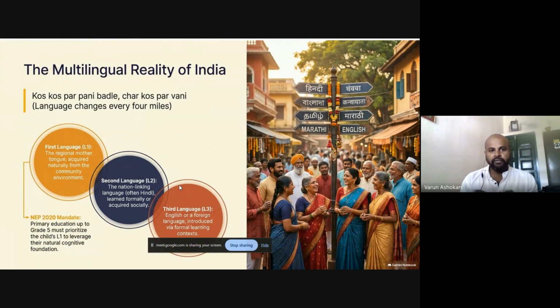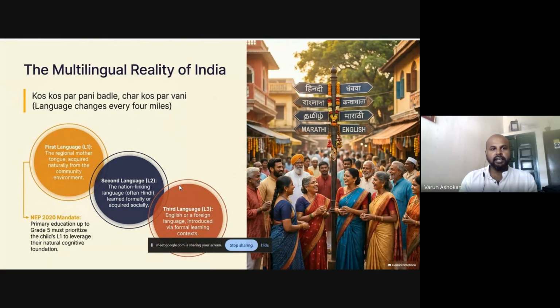Language also differs. When we speak of the first language, or the child's immediate environment, the child has an acquisition, a learning acquisition. Particularly, we say the regional mother tongue occurs naturally from the community environment, from where the child comes. The second language is a kind of linking language within the state or within the nation.